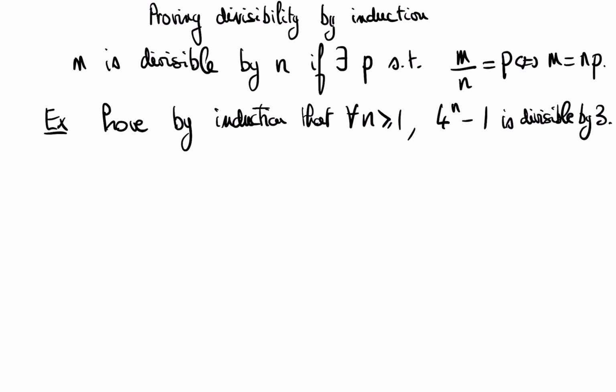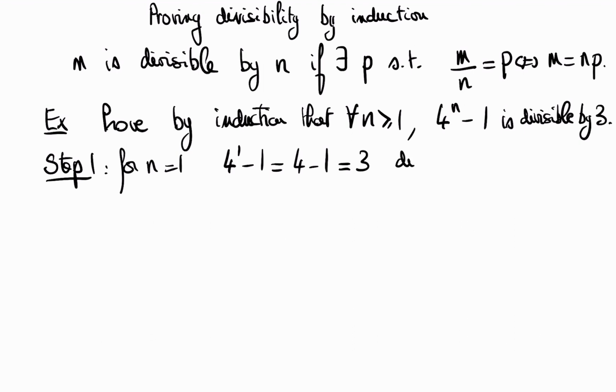Okay. Again, 3 steps. So step 1. For n equal 1, so 4 power of 1 minus 1 is equal to 4 minus 1, which is 3, divisible by 3 indeed.